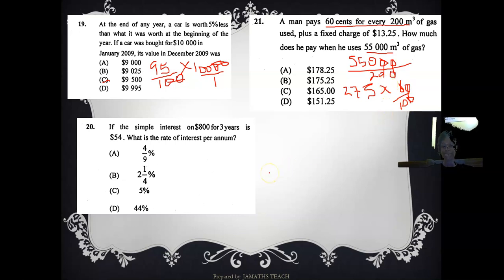You know what? I am going to multiply 275 by 0.6. 60 cents is the same as 0.6. So let's multiply that by 0.6.